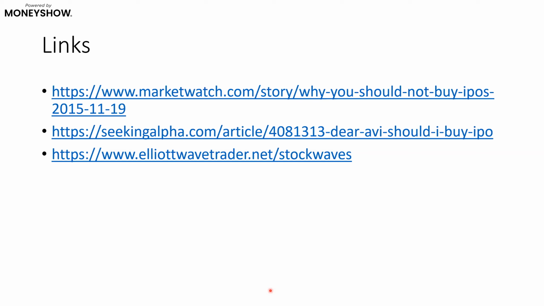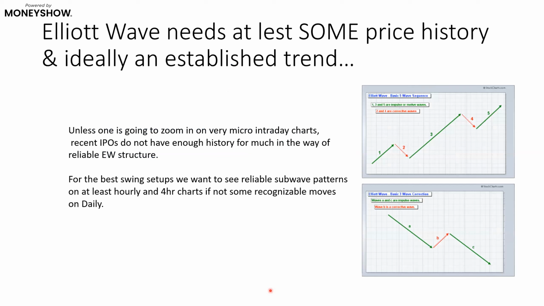And I'm going to reference a few of those in a very quick crash course on what we look for in Elliott Wave structure. So Elliott Wave needs at least some sort of price history and ideally an established trend. We're looking for repeating patterns of a fractal nature.